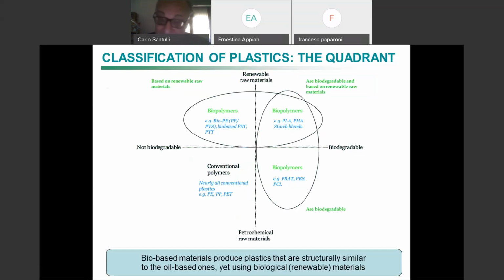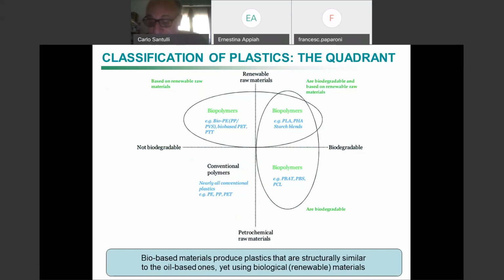Having said that, this is the general situation. Having said that, there are petroplastics which can be attacked by specific bacteria. So we can design some bacteria in order to attack some specific petrochemical.